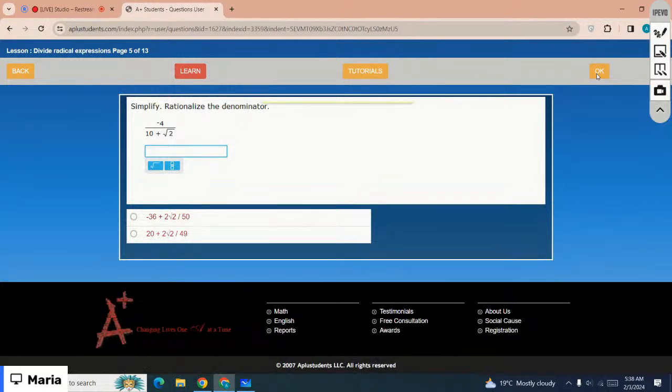The next one is simplify negative 4 divided by 10 plus square root 2. So which is the correct option?